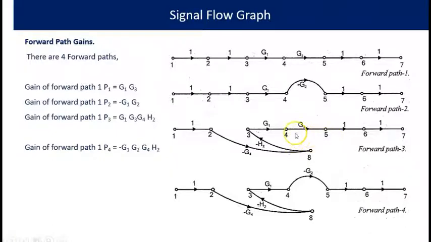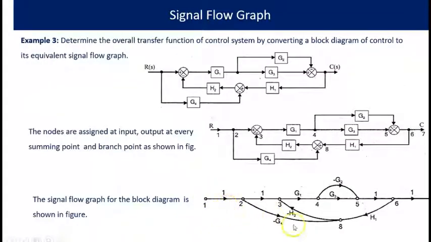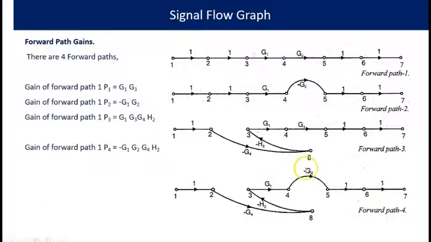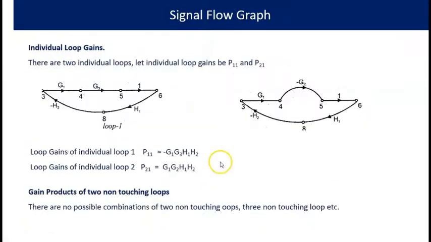Similarly, there is a parallel path, therefore another forward path is minus G4, minus H2, G1, minus G2. So these are the forward paths. Identify the forward paths carefully. Now we have to identify the loops.